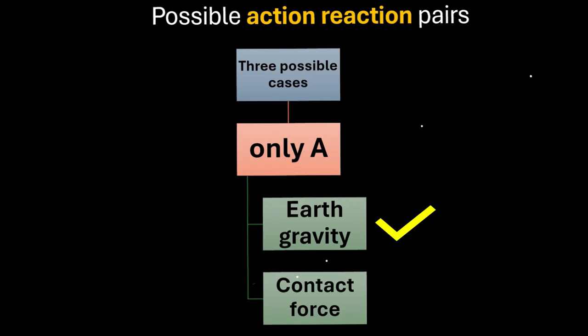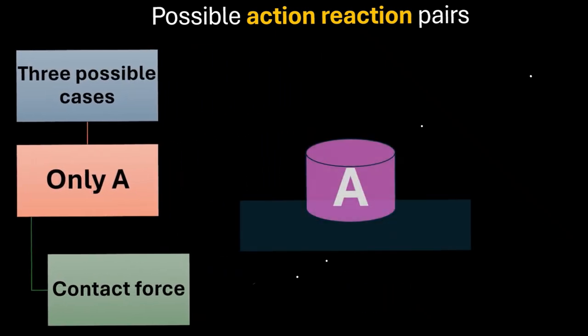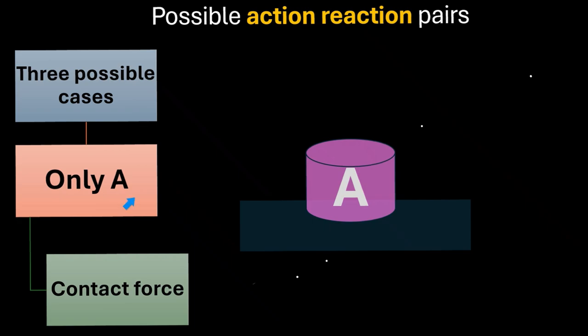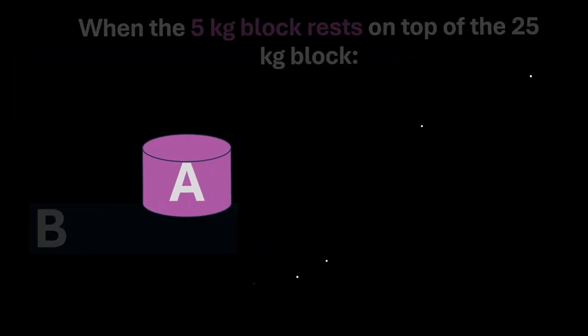So now we'll discuss what happens when we consider contact forces as the action reaction pairs. To consider this, we have only A, but of course we also need B for this.